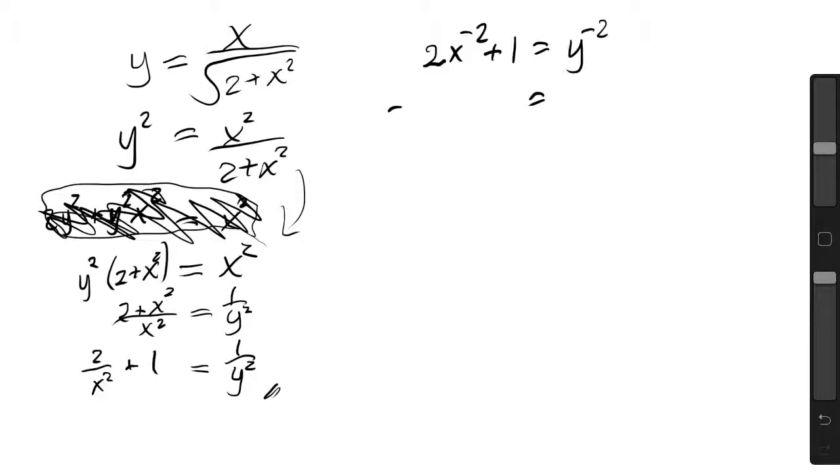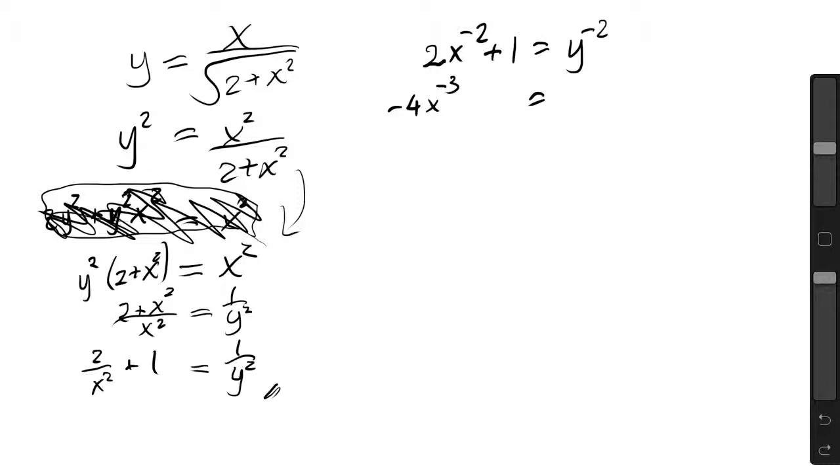I know that we get minus 4x to the minus 3, well, actually, for A-level implicit differentiation, you don't need the dx bit.